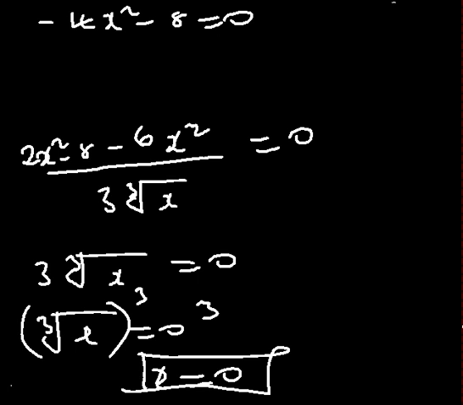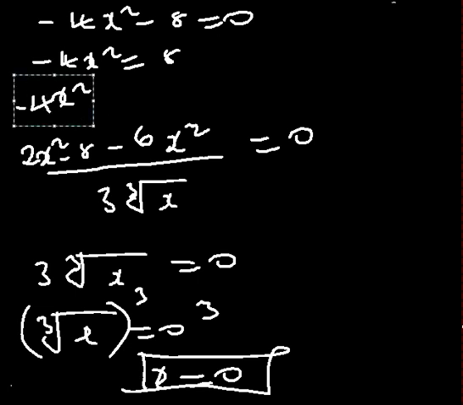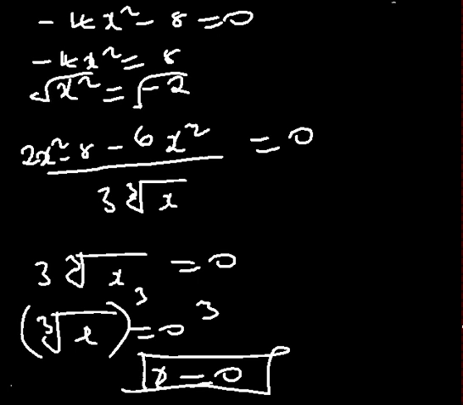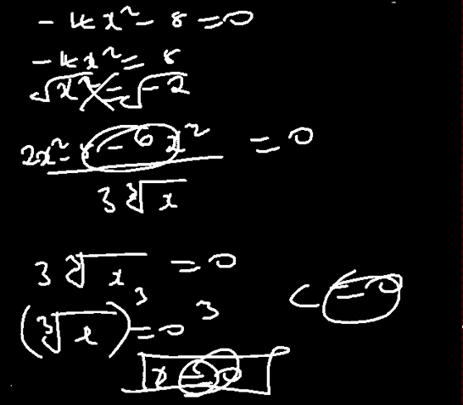You bring 8 to the other side to have negative 4x squared is equal to 8. Then x squared is equal to negative 2. And there's no square root of negative 2, and therefore this one has no real solution. So the only critical value is c is equal to 0. That is the solution.